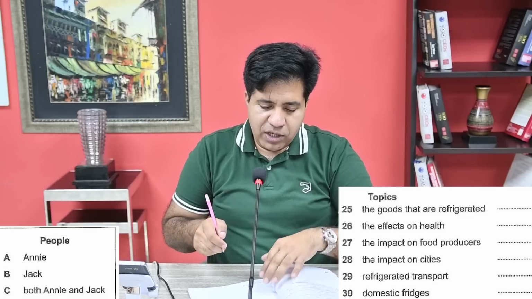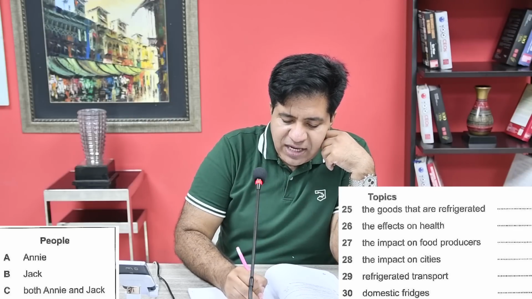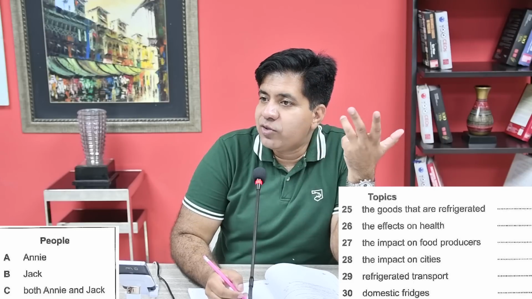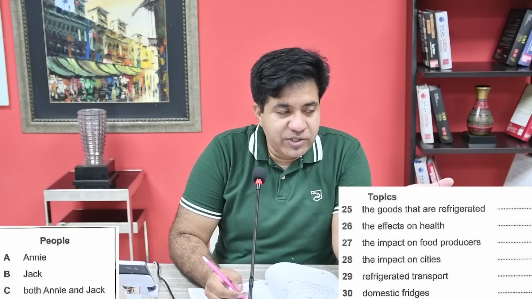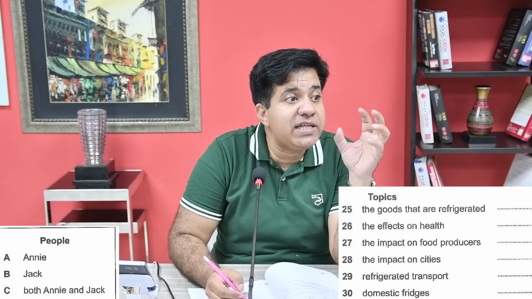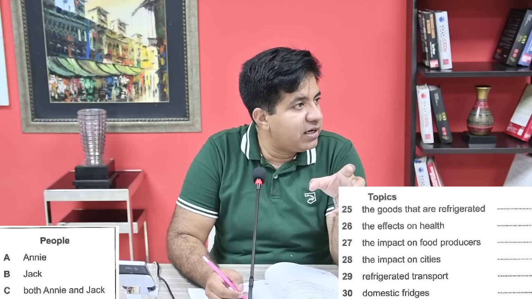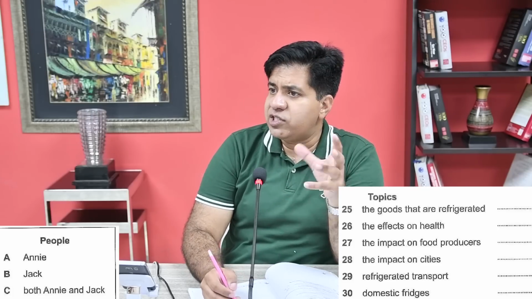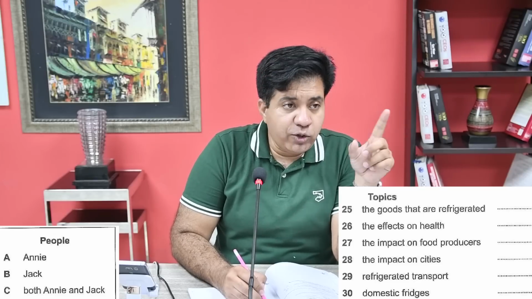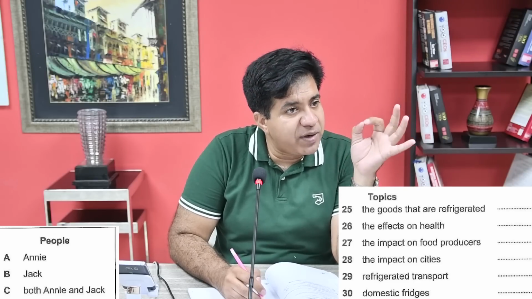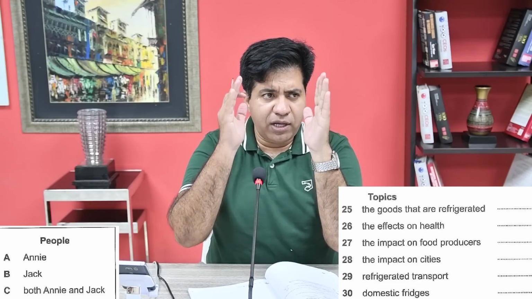Okay, now topics. Goods that are refrigerated. So who is going to do that? Amy, Jack, or both? Goods means things which are refrigerated, like fruits, vegetables, and all that. Question number 26. Don't read the article, don't read the question number. Just come to the main phrase.